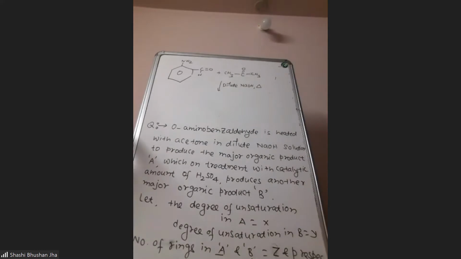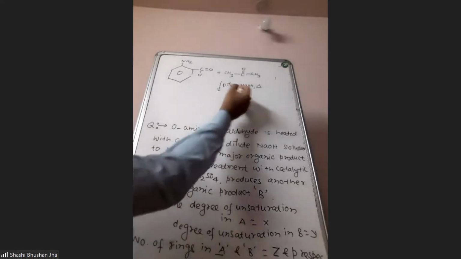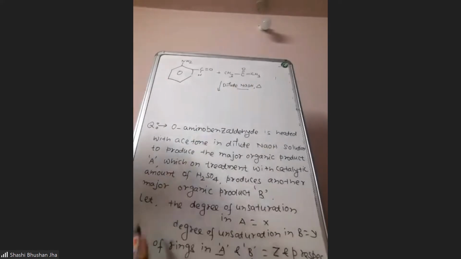Which reaction is this? Aldol reaction. It is heated with dilute sodium hydroxide, so the aldol which is formed will be dehydrated also, and directly you will get an alpha beta unsaturated carbonyl compound.